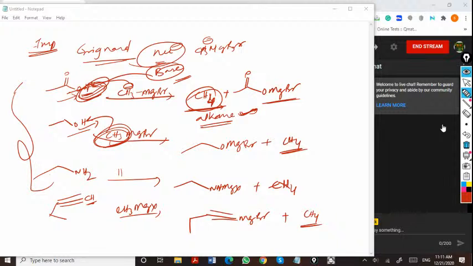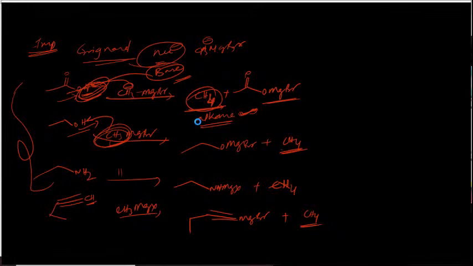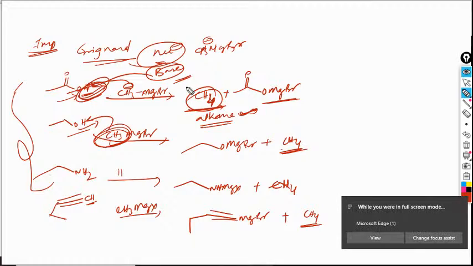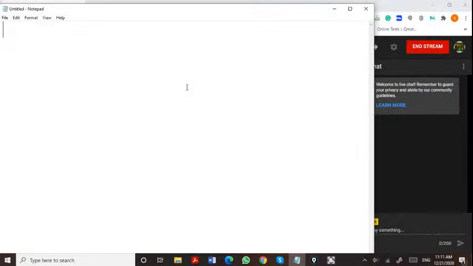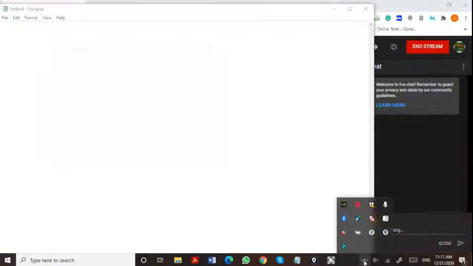Okay, so after this Grignard, we are going to see the different kinds of nucleophiles that are going to attack on the carbonyl system.